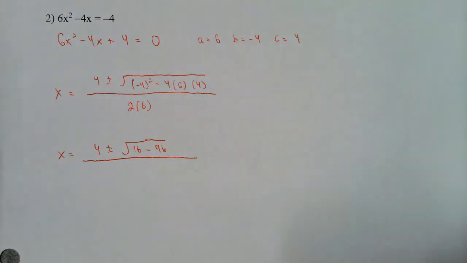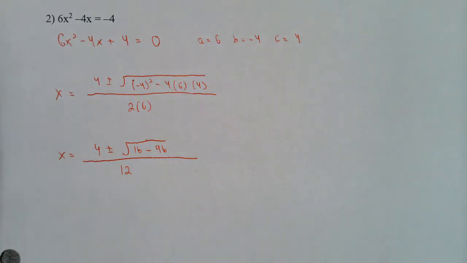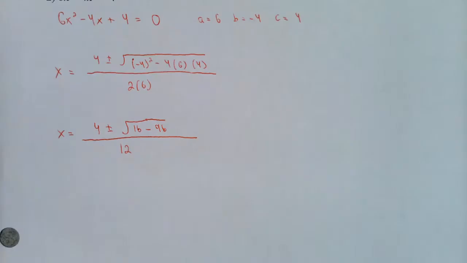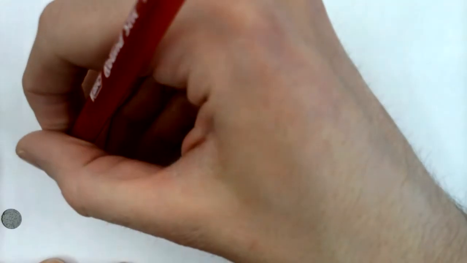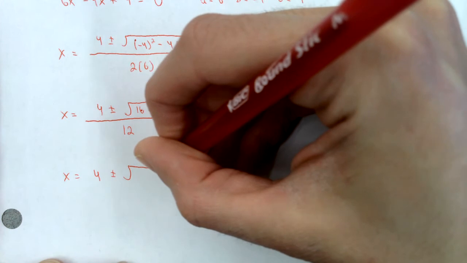That's all divided by 12. 2 times 6 is 12. Okay. So now just clean up the square root. 16 minus 96 is going to be negative 80. That's okay. No problems with that. X equals 4 plus or minus square root of negative 80 divided by 12.